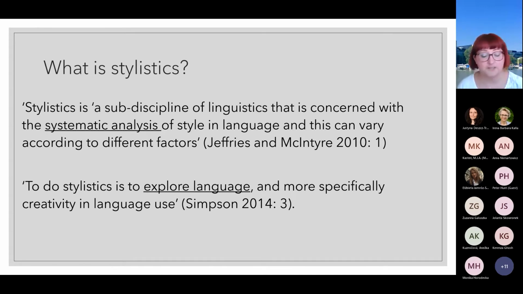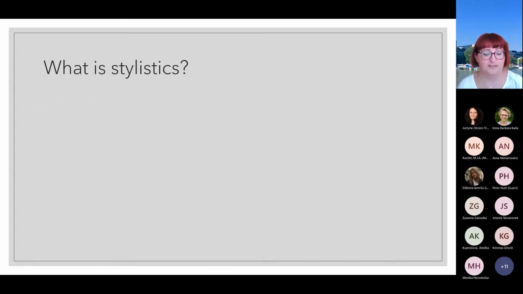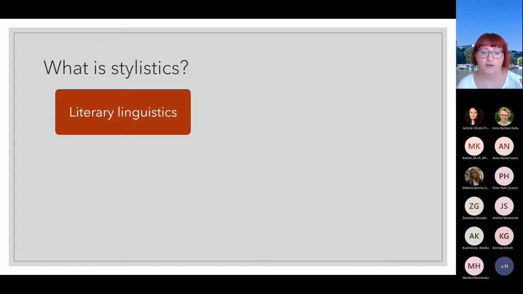Now, there are many definitions and many terms used for stylistics. One of the terms you might most often hear is literary linguistics. Those are interchangeable, either stylistics or, in some schools or universities, literary linguistics. I don't particularly like this term personally, because I believe that stylistics can be applied to any text, not just literary text.